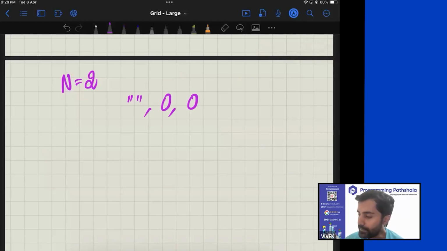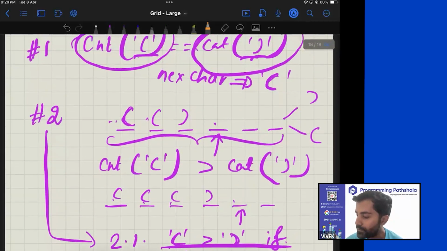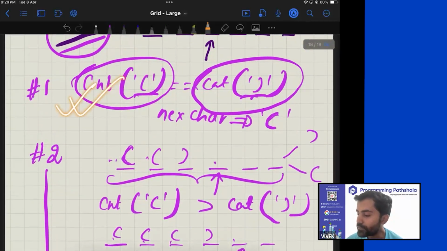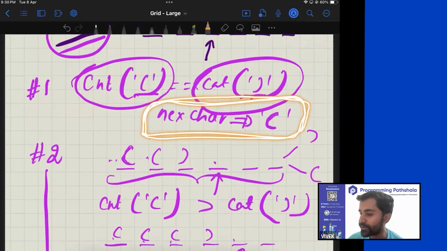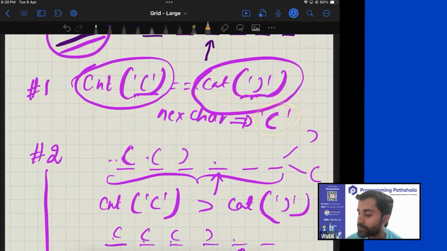Okay. This case where both the counts are equal corresponds to this sort of situation. So whenever the count of opening and closing are the same, how many choices are there for the next character? There is only one choice. And what is that choice? It can only and only be an opening brace. So let us exercise this choice.